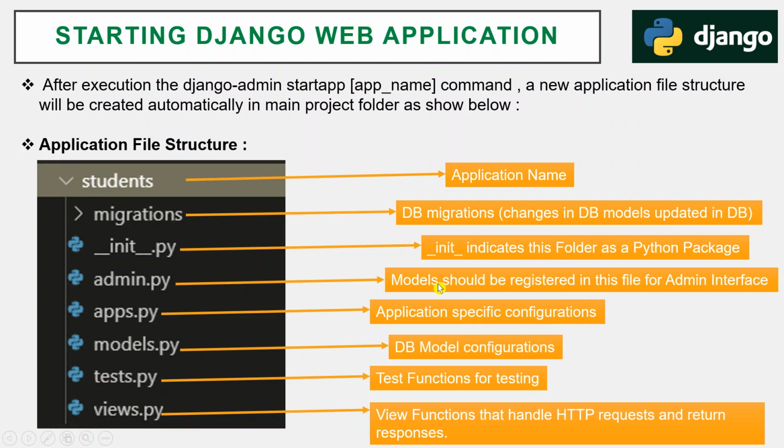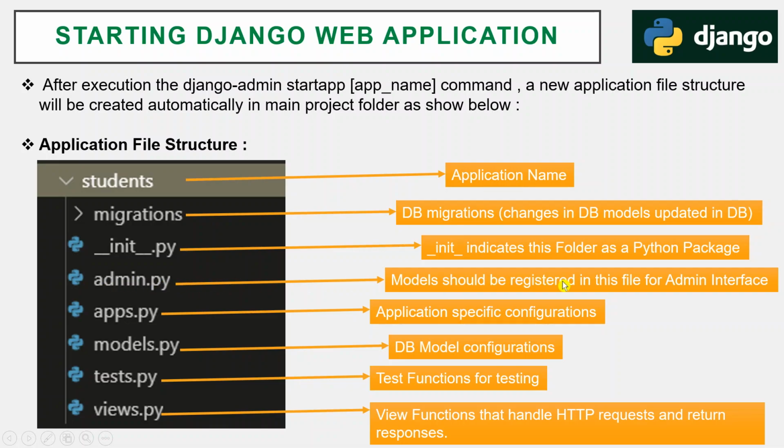Models means what? The database tables we represent with Python code. The database models will be written in the form of Python classes. So after writing all the code in the models, we should register those models in this admin.py file, friends.